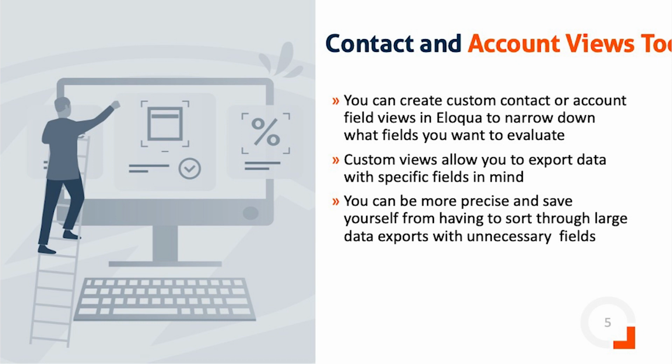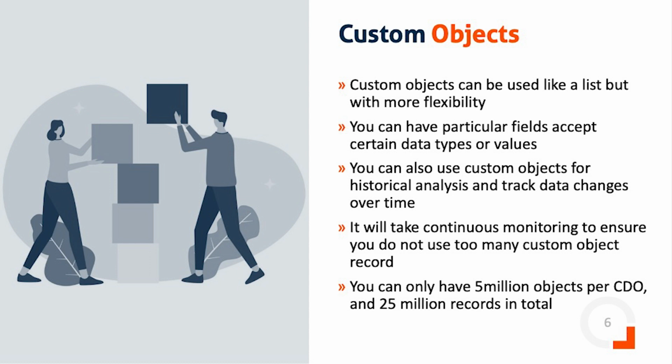Now, custom objects, I like to follow custom objects on the heels of shared lists because you can look at them as basically a list on steroids. You can really customize how you use the custom object to have particular fields or accept certain values. It's really open-ended in what you can do with it.